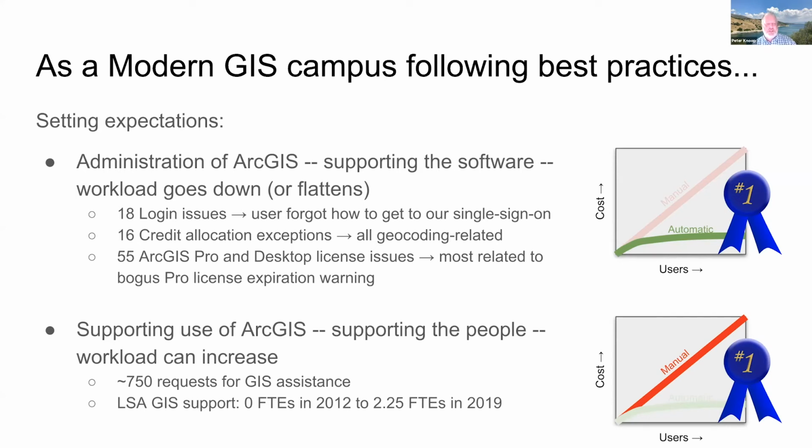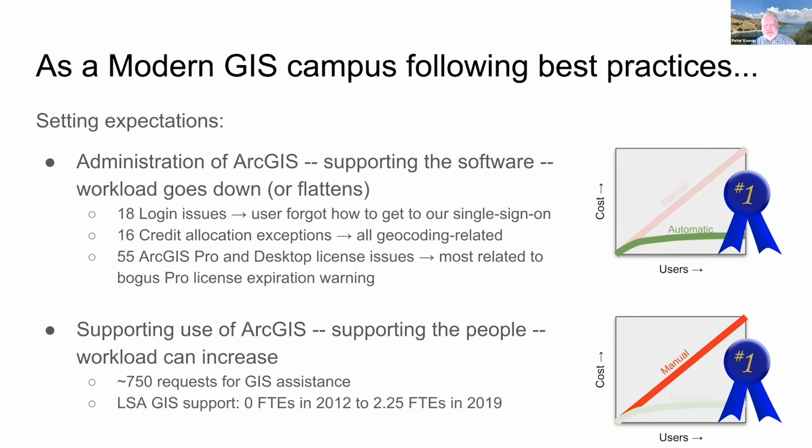16 users triggered the credit allocation exception. They were all geocoding related, so a quick conversation with them to find out what they were up to and get them on the right track and give them more credits, and they're off and running. We had 55 emails this past year dealing with Pro and desktop licensing issues. Usually we only have a dozen or so. One of the things that caught us out this year is that most of these emails were related to bogus Pro license expiration warnings.